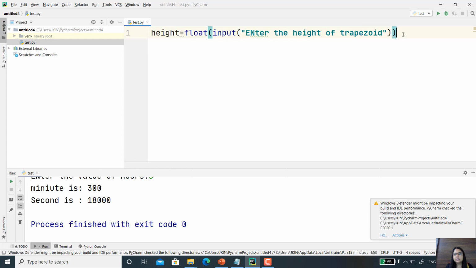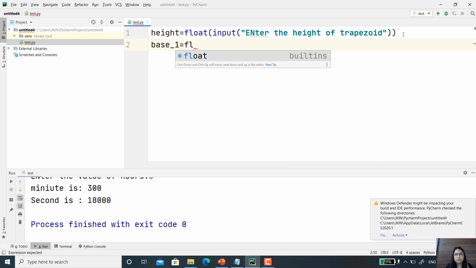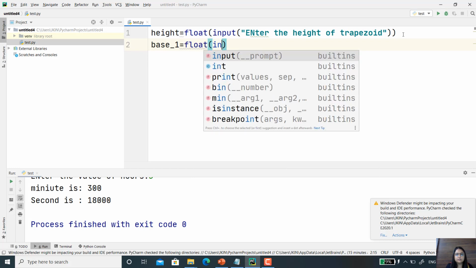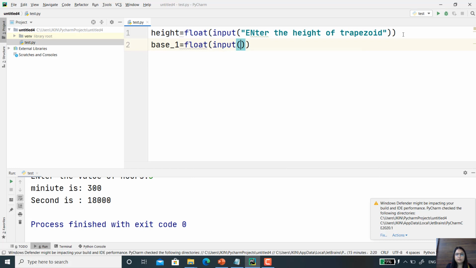Now next we have to enter the base first value. So I am using the variable base underscore 1, and this is also a float. Then here it is just input and then enter the first base value.